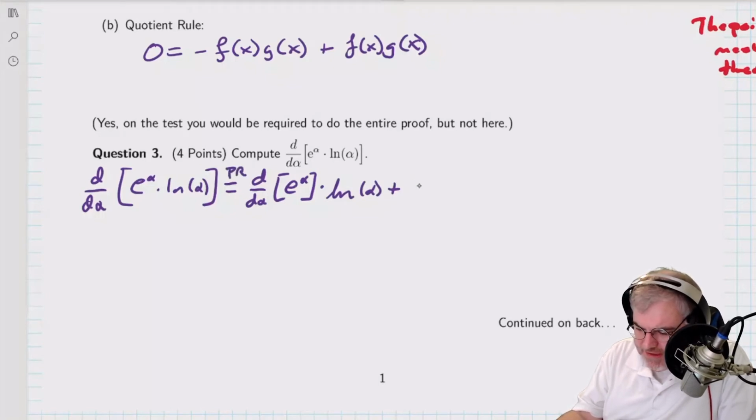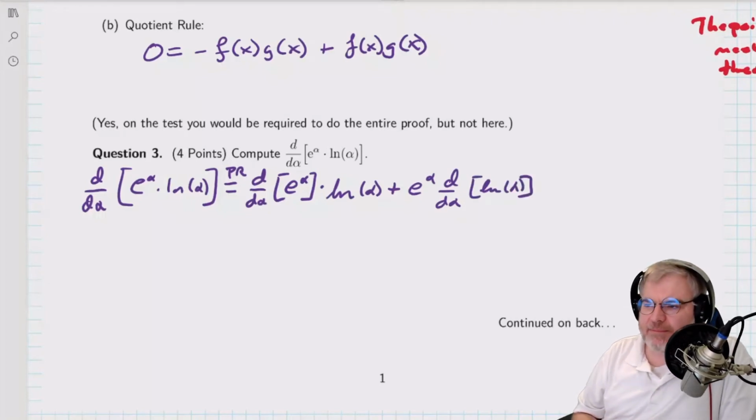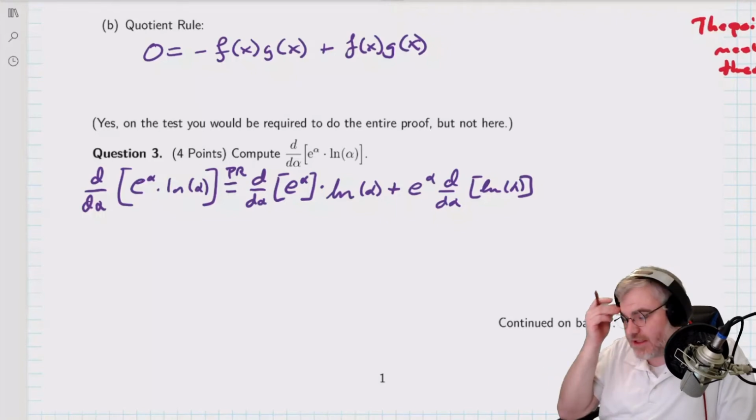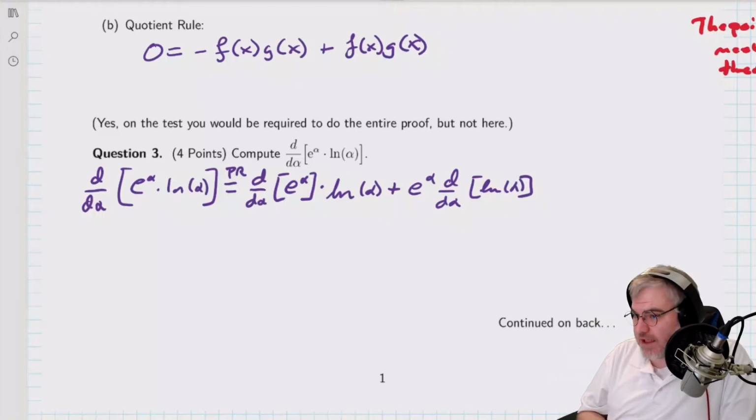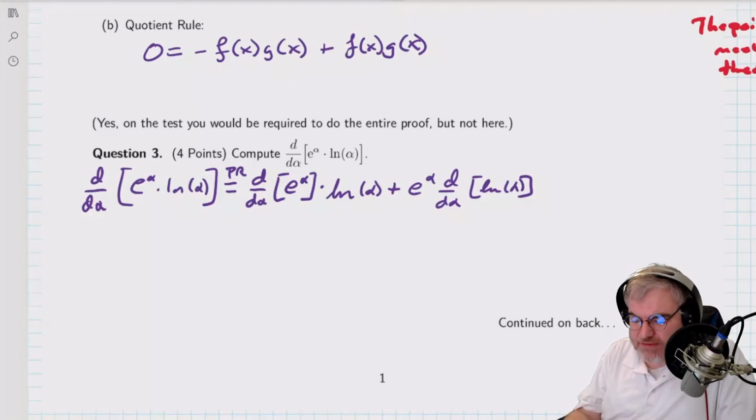Plus e to the alpha d over d alpha of ln of alpha. Please do not skip that step. It's a very natural thing to skip, especially if you're trying to move quickly. Whenever e to the alpha is involved, please don't skip something, because it's very easy to mess them up.